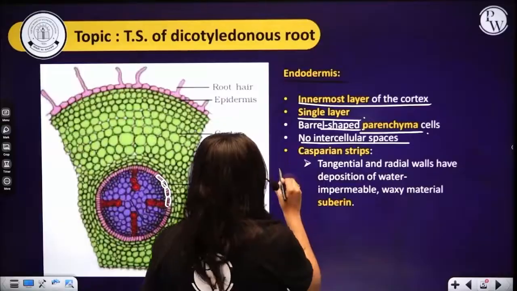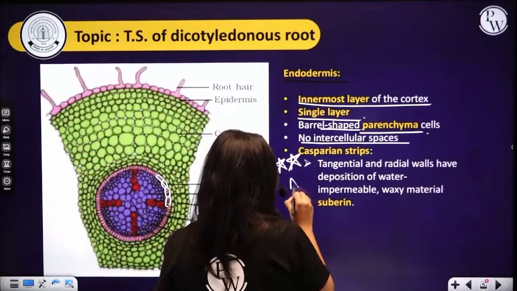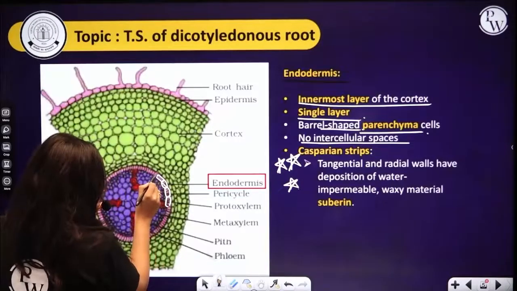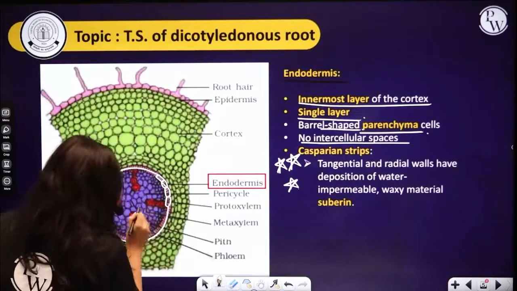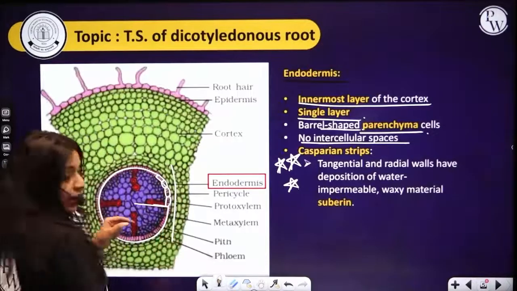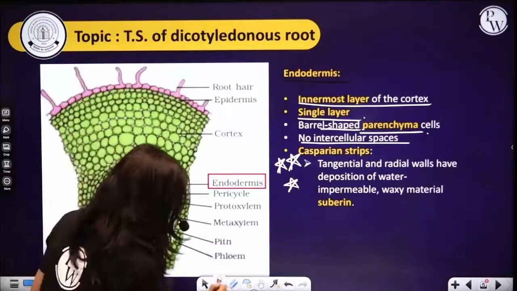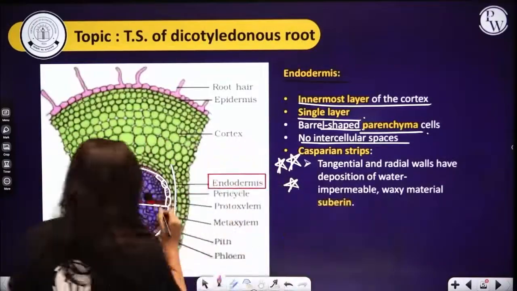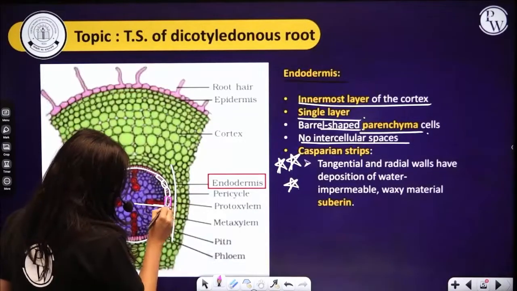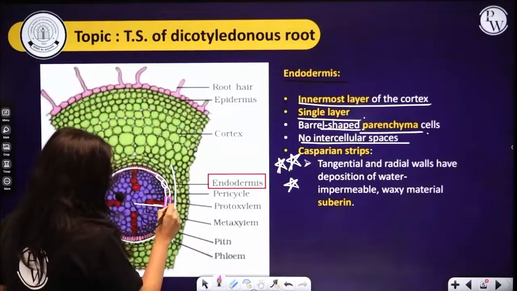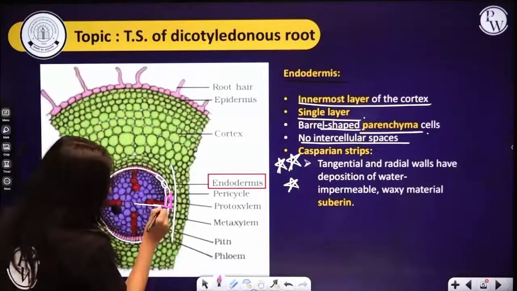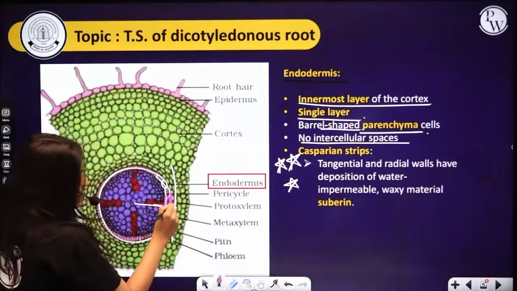There's one thing that is characteristic of endodermis in roots. I'll tell you what that is. If you think of this as a circle, this would be the radius. And this would be the tangent, right? Now, consider this particular endodermal cell. If you consider this endodermal cell, this will be its radial wall, and this would be its tangential wall. This is the radius, this is the tangent. So this will be the radial wall, this will be the tangential wall.